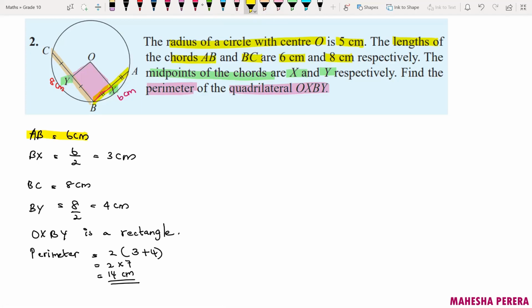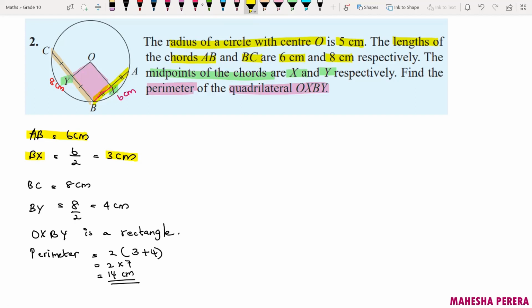Because X is the midpoint of chord AB. The length of chord AB is 6 centimeters. Then half of this chord should be half of 6, that is 3 centimeters. So the length of BX is 3 centimeters.